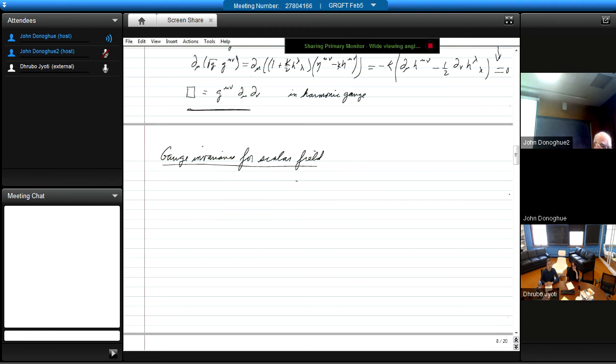Okay, so here the scalar field is phi prime of x prime is phi of x. And if we're going to check the action, we're going to have d by dx prime mu is dx prime dx, and let's put some indices on this then. So I want mu here, nu.